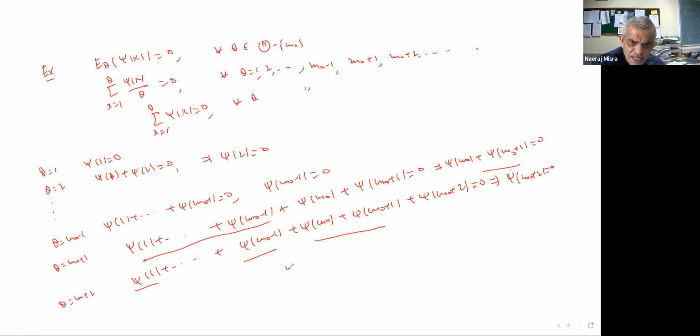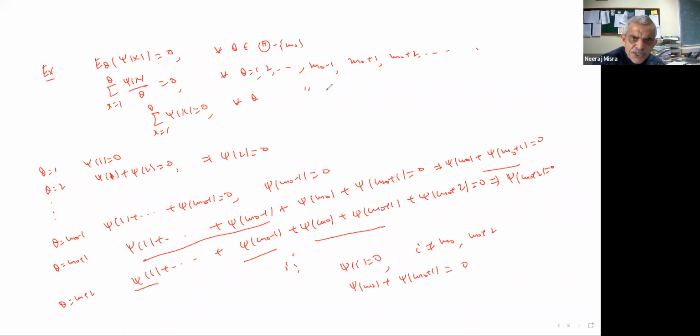So that means I can keep on going. This says psi of i would be 0 for i not equal to M naught and M naught plus 1, right? Because psi 1, psi 2, up to psi of M naught minus 1 is 0, and psi of M naught plus psi of M naught plus 1 is 0.